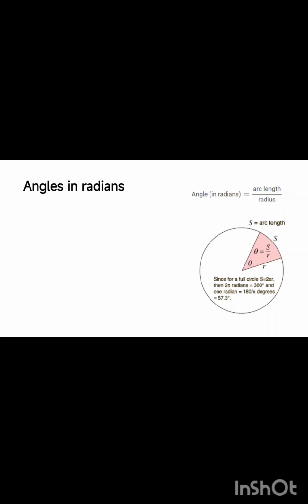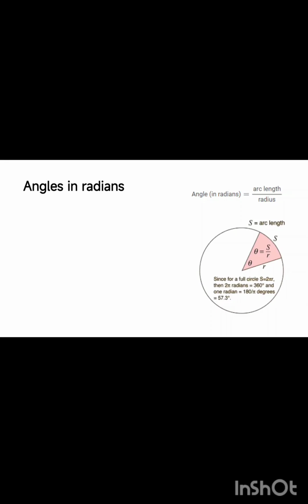As this is the same type of picture, s is representing the arc length of this shaded segment, theta is representing the angular displacement, which will be in radian, and r is the radius of the object. As you can see in the picture, for the full circle the arc length will be equal to the circumference of the circle.